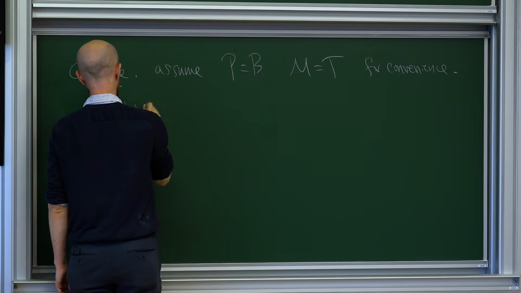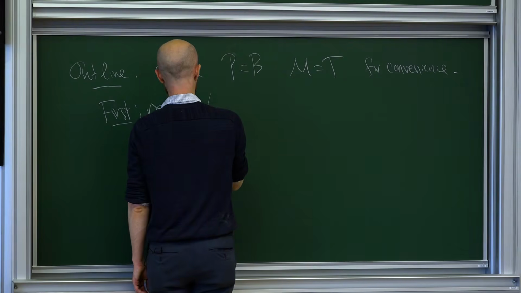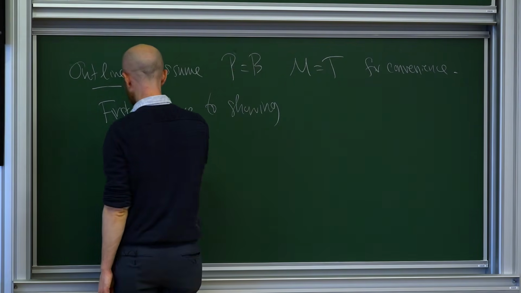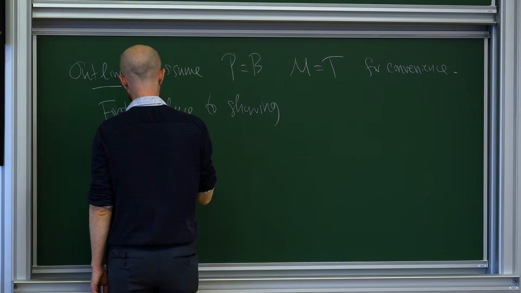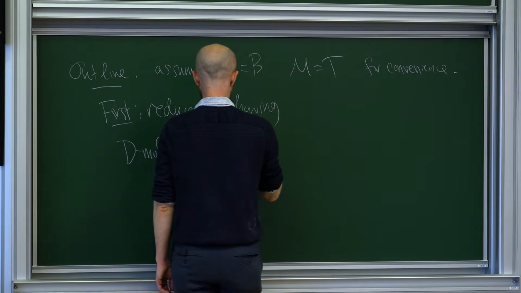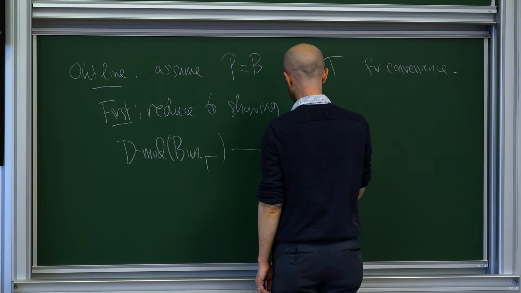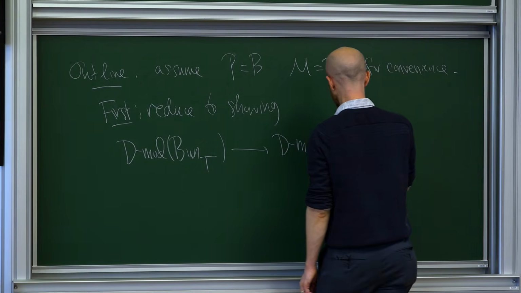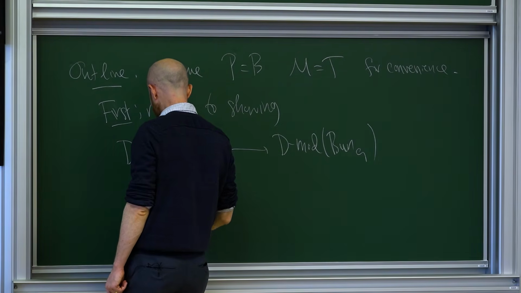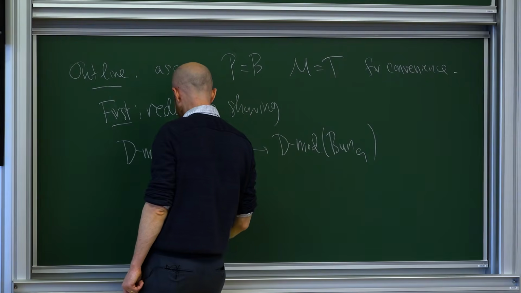So first, you reduce to showing the following diagram commutes. So it's sheaves on G, on M, on T, to T modules on G, and then here is quasi-coh T check.